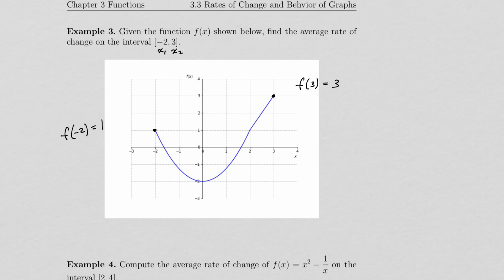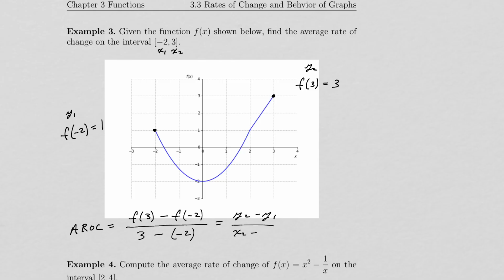So the average rate of change is equal to f of 3 minus f of -2, that's the change in the output over the change in the input, which is 3 minus -2. Another way to think about this, this is like y1, this is like y2. So this is also the same as y2 minus y1 over x2 minus x1.